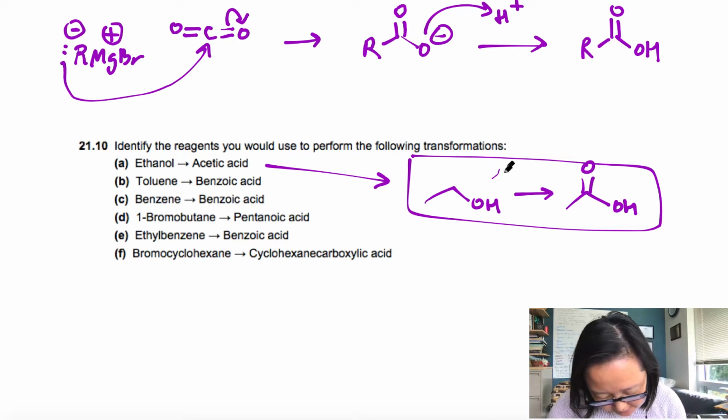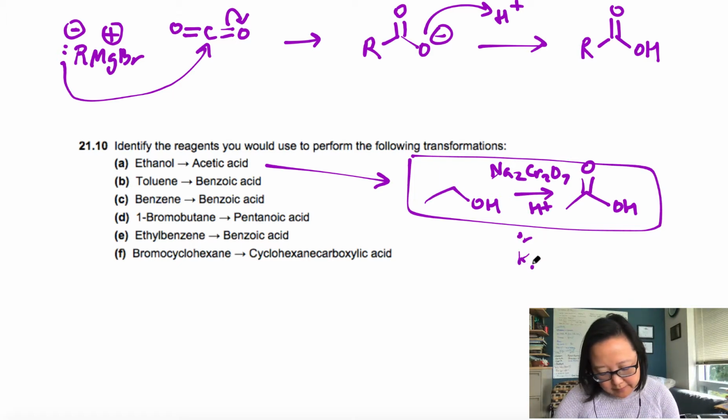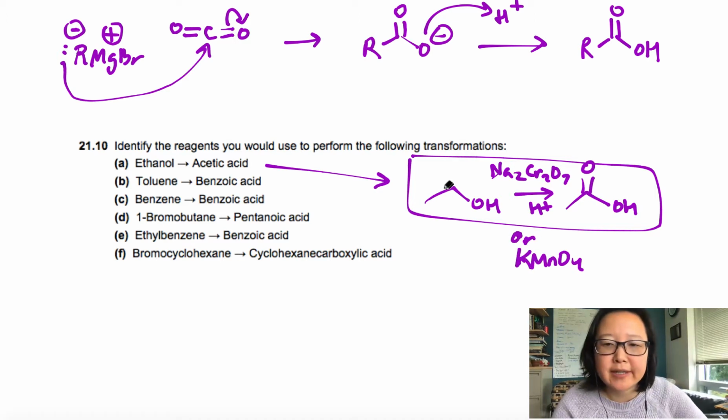You can write sodium dichromate or Jones reagent if you want, H+, or chromium trioxide, anything like that, or even KMnO4. Sometimes you see KMnO4 used for this. We don't usually specify temperature in that case. We just say KMnO4 when you're just using it to oxidize alcohols.